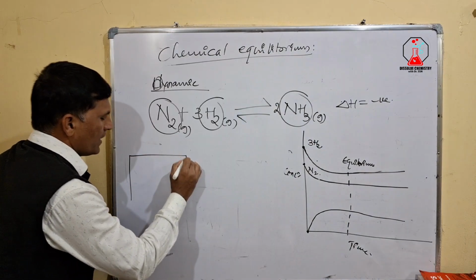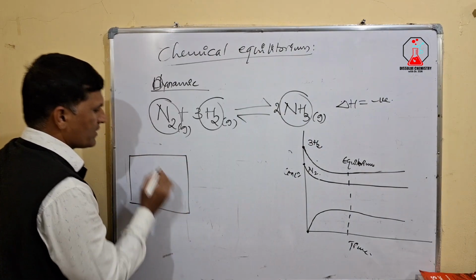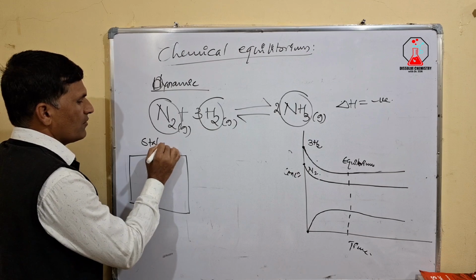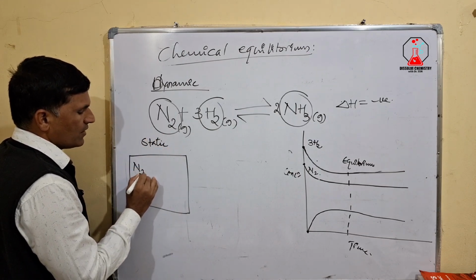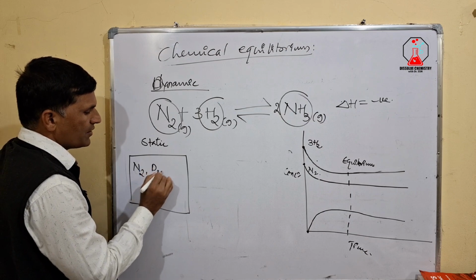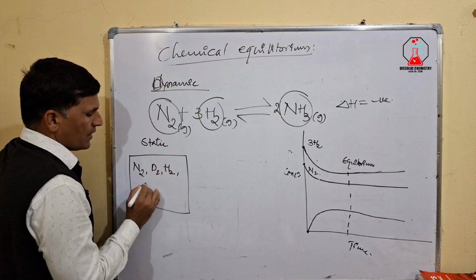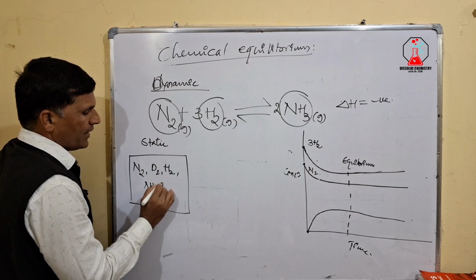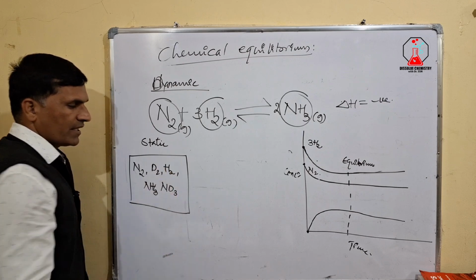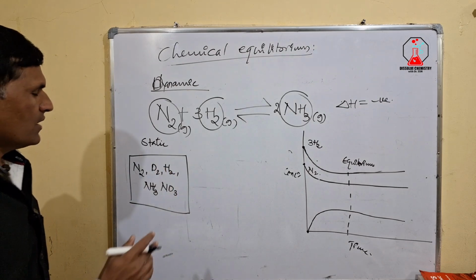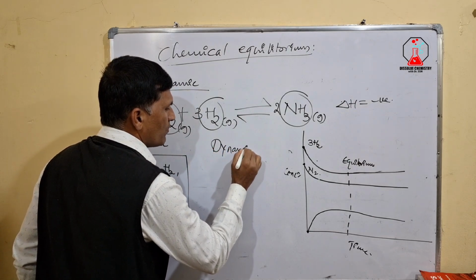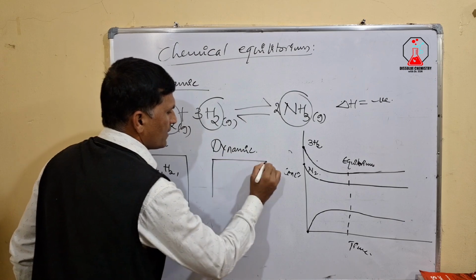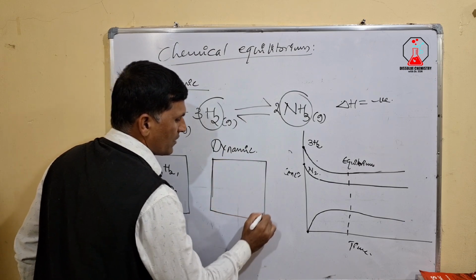Okay, after mixing, if your equilibrium is static, we expect that the reaction mixture should contain N2, D2, H2, NH3 and ND3. Okay, but as it is dynamic, what are the components you will find in the reaction vessel, and this we check with mass spectrometry.